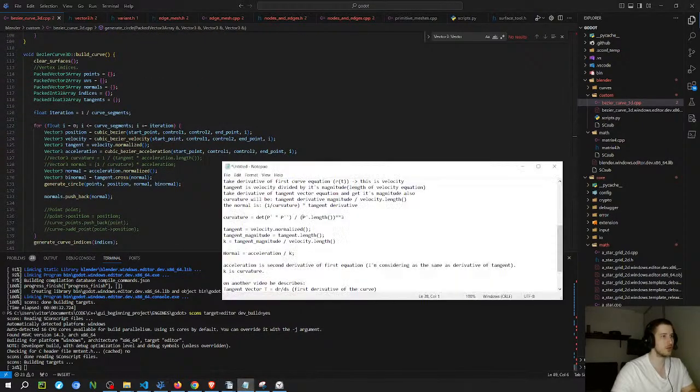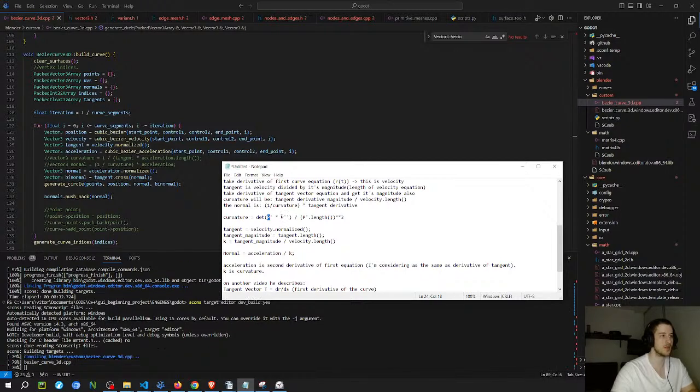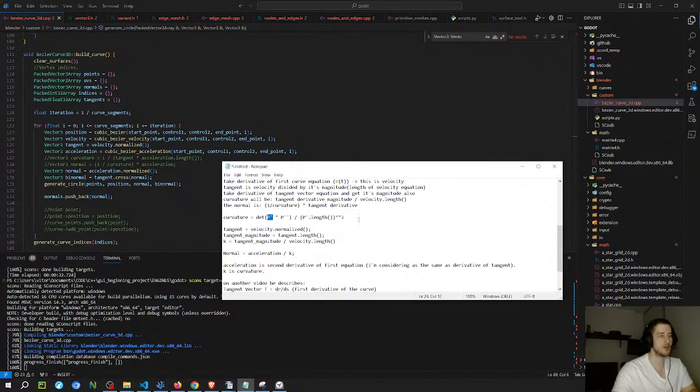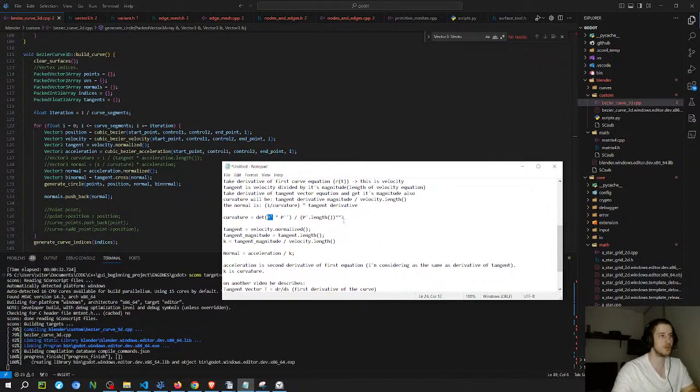So I took notes based on the videos there. This is the Frenet definition of the curvature: the magnitude of the first derivative crossed with the second derivative, where the first derivative is velocity and the second one is acceleration, divided by the magnitude of the first derivative cubed, which I think is the length, but I'm not 100% sure.